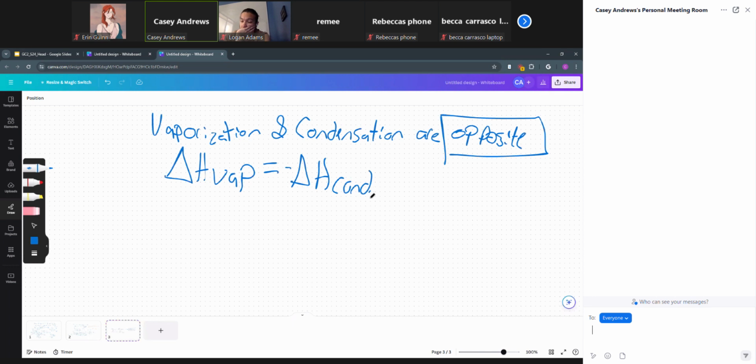We see expressions like this all the time in chemistry, and I know this type of expression can confuse you if you're not used to looking at it. So what this means: delta H vaporization for water is 40.7 kilojoules per mole.